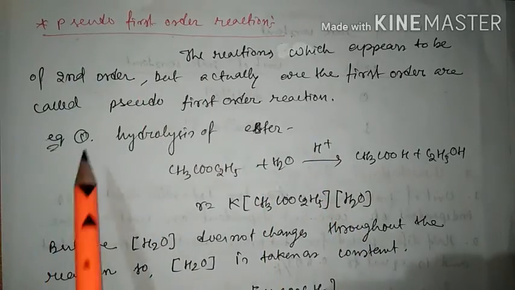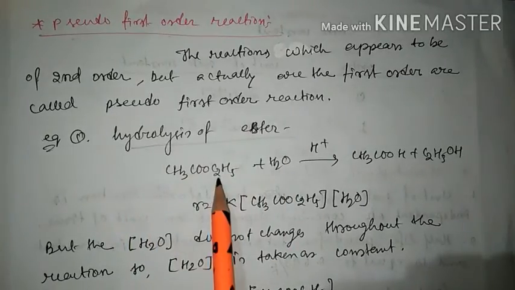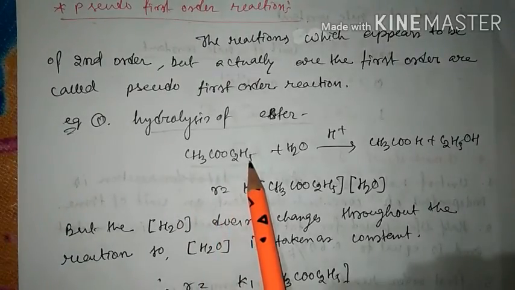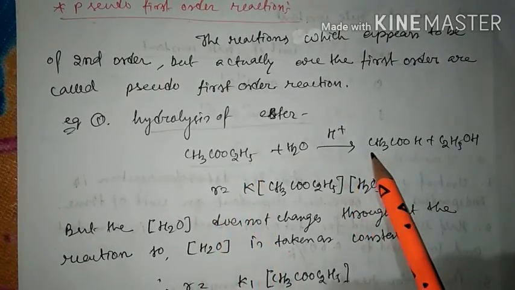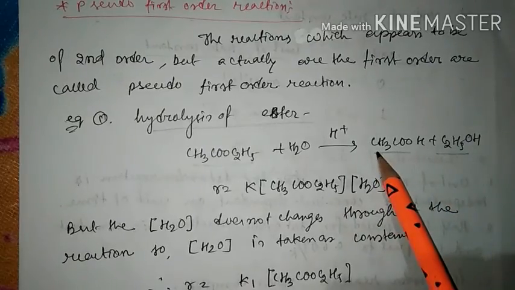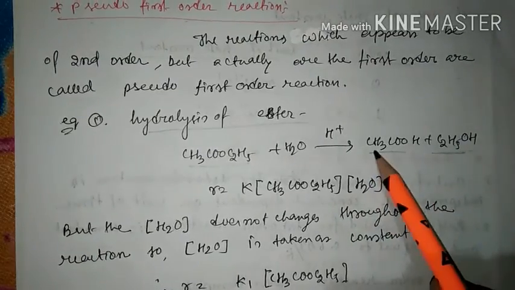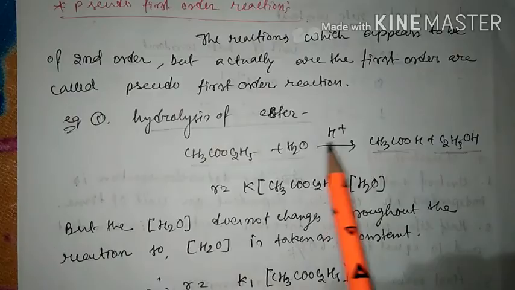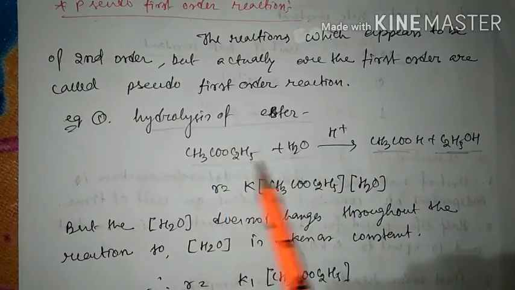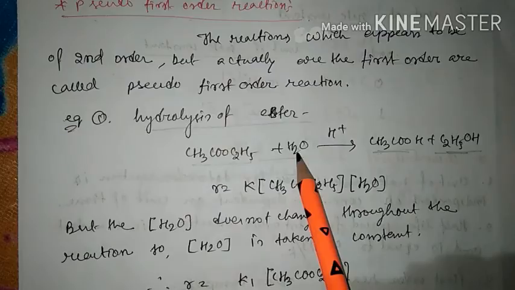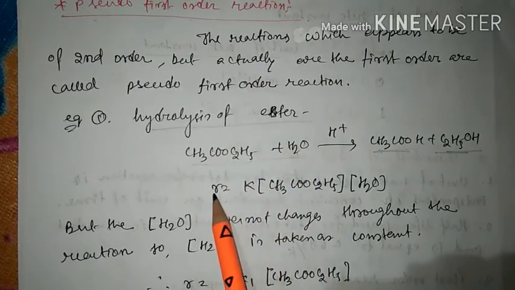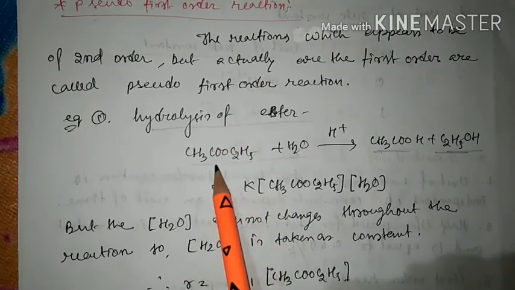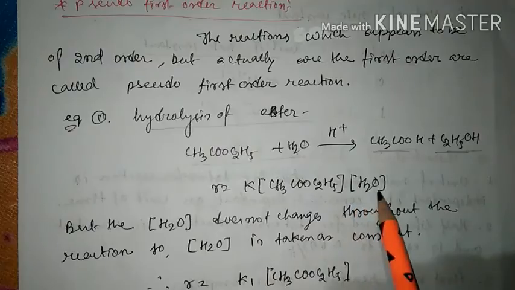Let us take an example of hydrolysis of ester. When ethyl acetate is hydrolyzed in the presence of acid, it produces ethanoic acid and ethanol. If you see clearly, there are two reactant molecules. That's why the theoretical concept says the reaction rate R should be k times concentration of ethyl acetate times concentration of water.